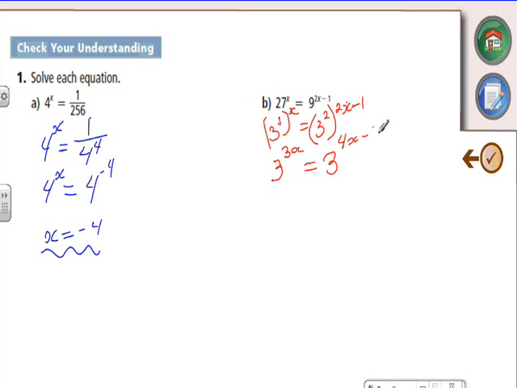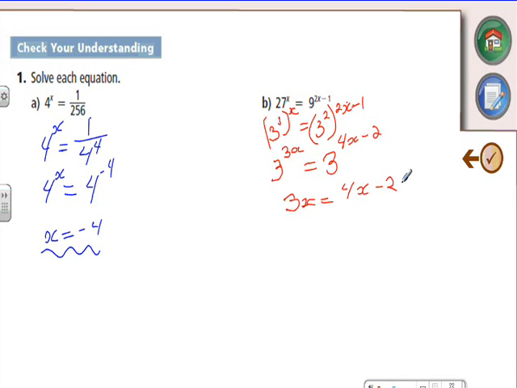Don't forget to multiply the 1 by the 2 as well. And now I've got a base of 3 on both sides. This 3, that's an x. I know it looks crazy, but it is an x. I can equate my two exponents together. So now I've got 3x equals 4x minus 2.